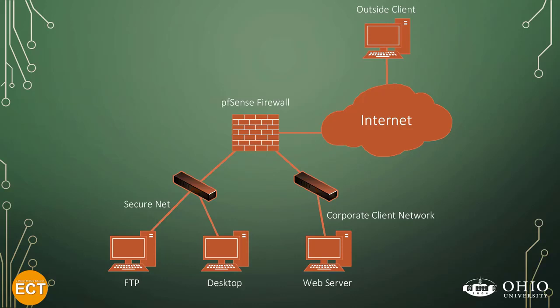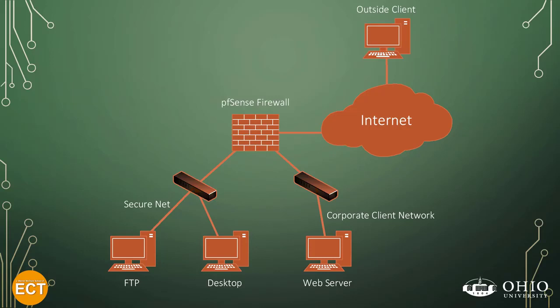We also have another Ubuntu desktop that we set up as an FTP server. One should know that FTP is not a secure protocol. It's a file transfer protocol, that's what FTP stands for, but it's not a secure protocol, meaning that the username and the password are sent in plain text. So anybody with a packet sniffer like Wireshark could find those packets and know the username and the password for the FTP server, and that's a security problem.